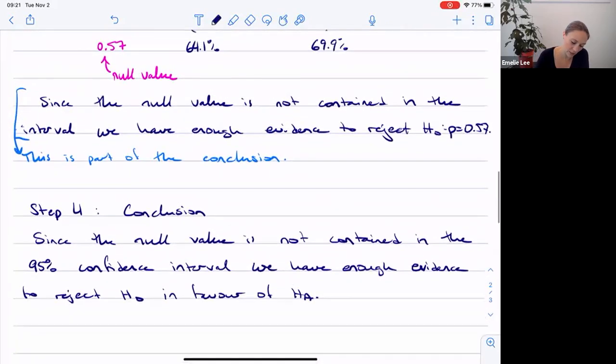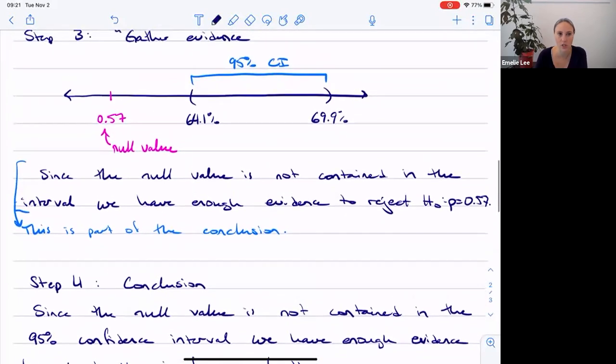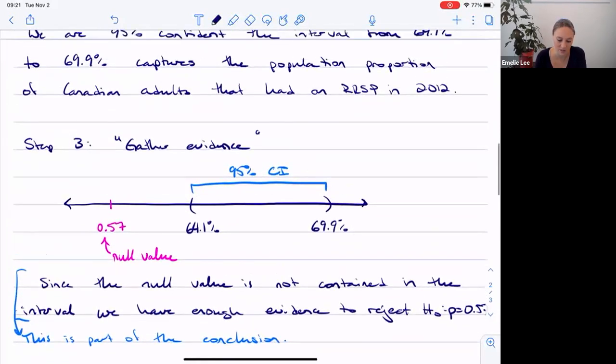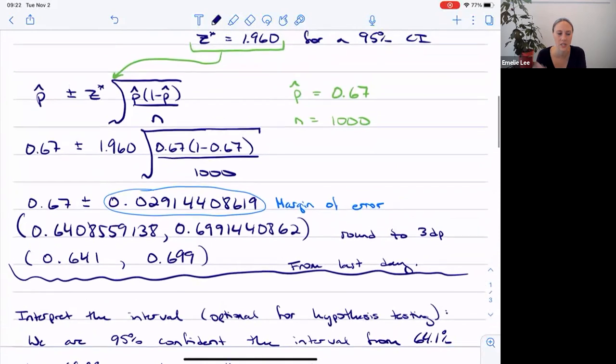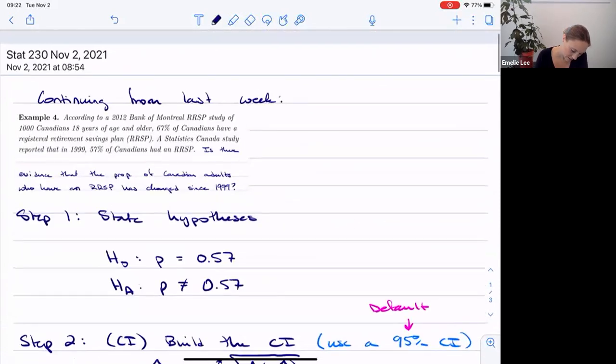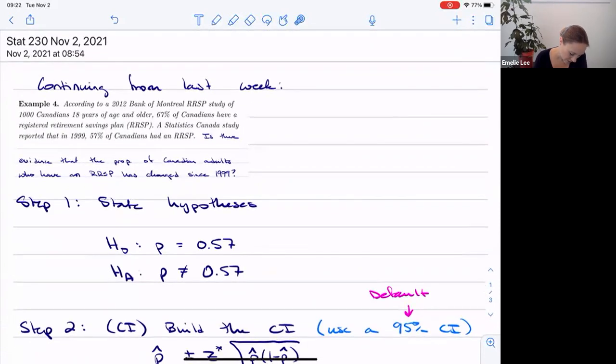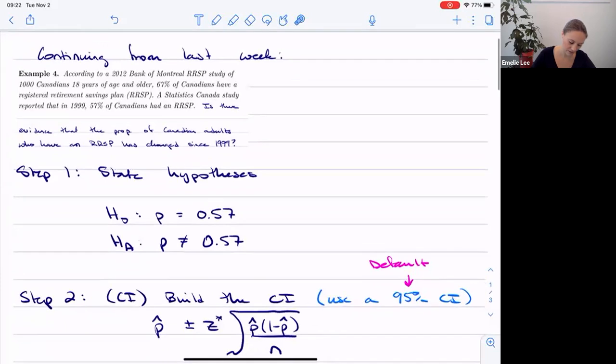Okay, but usually what I do is I take the question and I reword it as an answer as much as I can. So is there evidence that the proportion of Canadian adults who have an RRSP has changed since 1999? There is evidence that the proportion of Canadian adults who have an RRSP has changed since 1999.